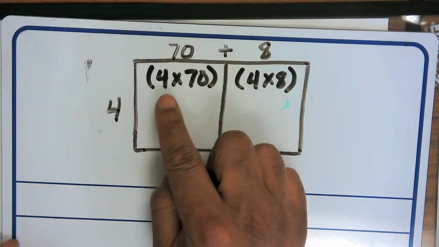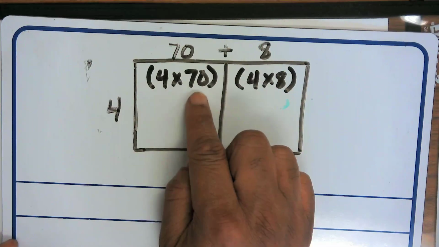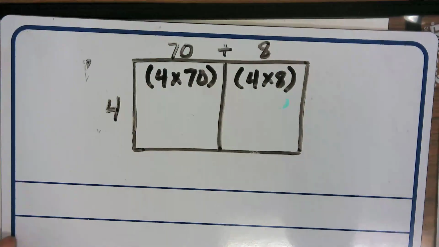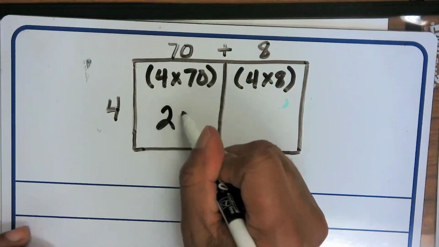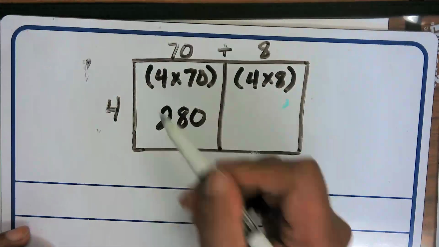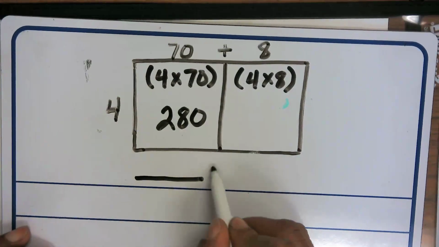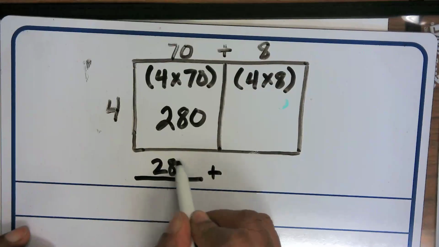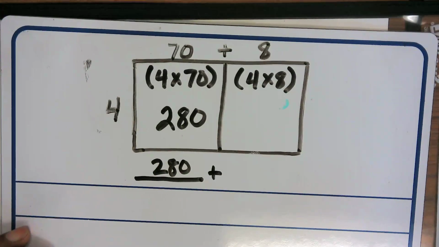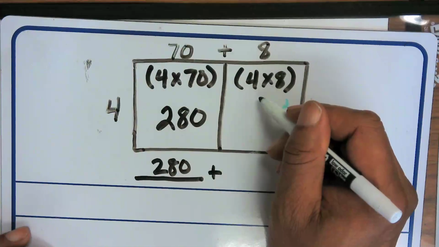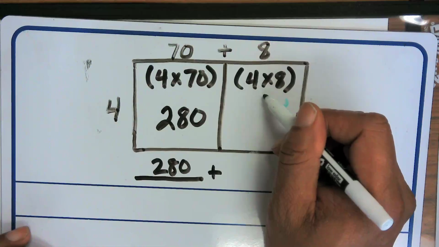In this first area, I have 4 times 70, or 70 plus 70 plus 70 plus 70, or 280. So in this area, I have my first partial product, 280. Now solve for tens. So now I need to solve for ones. So let's do 4 times 8.